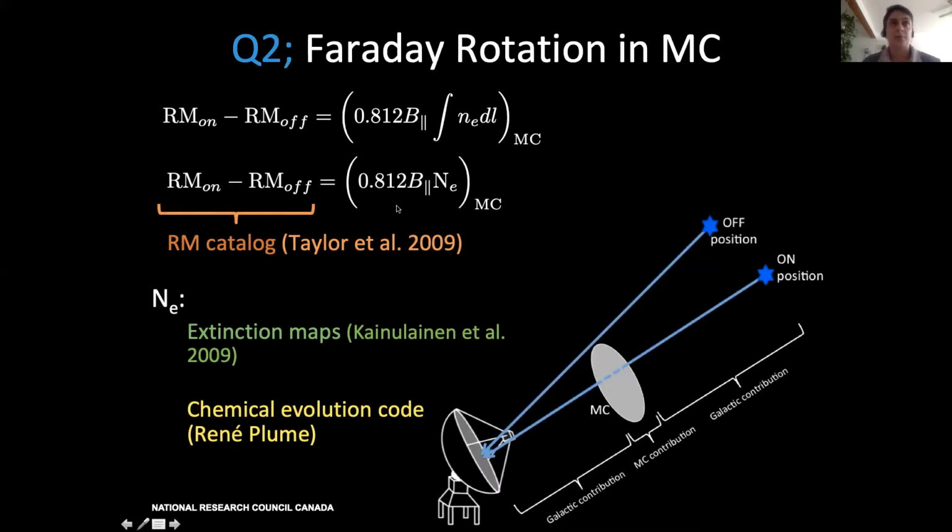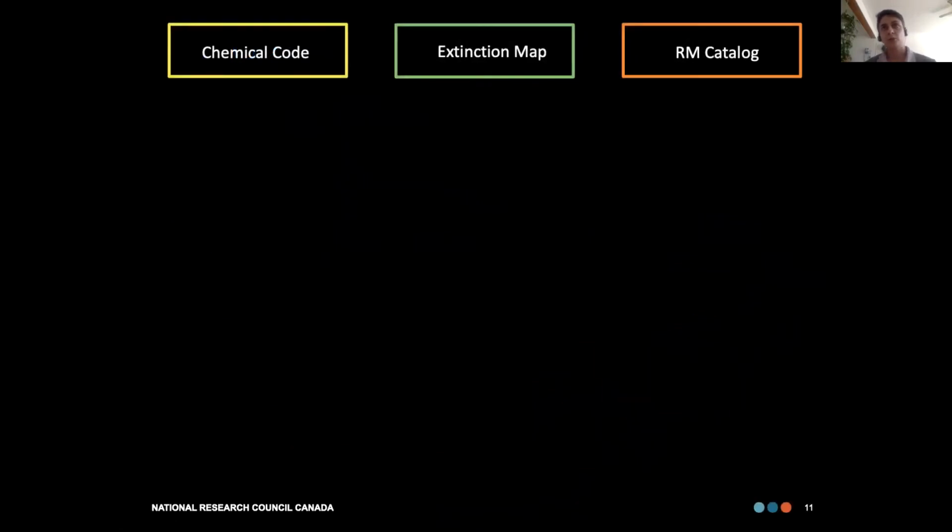Now, instead of finding the electron volume density and the path length, we only have to find the electron column density. For that, we use extinction maps provided by Kainulainen et al. 2009, and a chemical evolution code developed by René Bloom. So we have these three tools. Let's see how we can answer the second question.